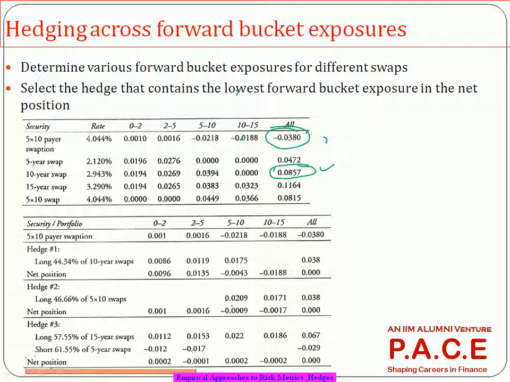So for that, whatever was the proportion of these two is what we have taken and said 44.34% of longing you have to typically do.